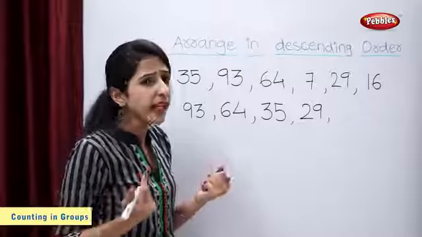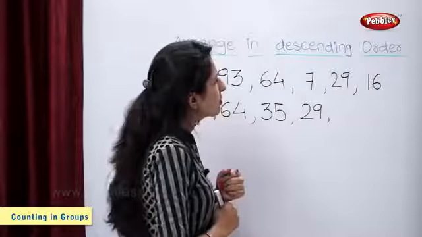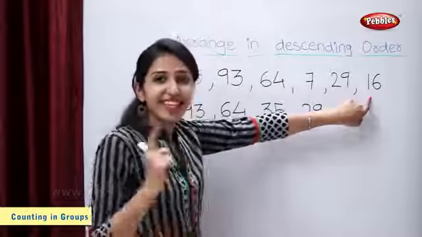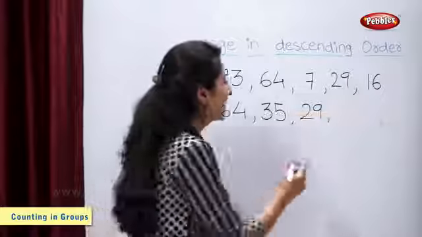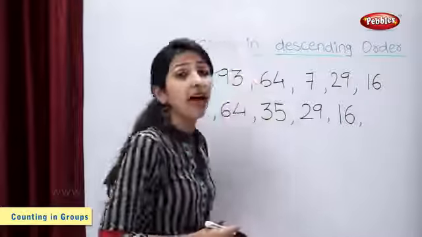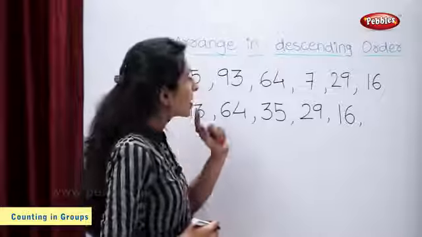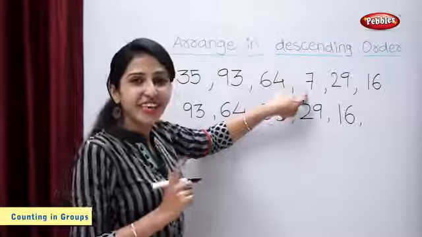What is after 29? Number 16. After 16, number 7.